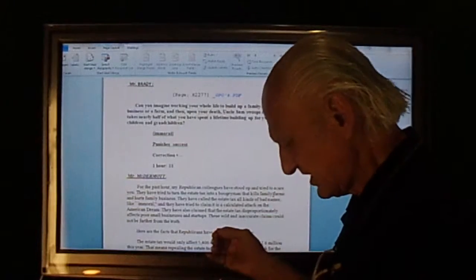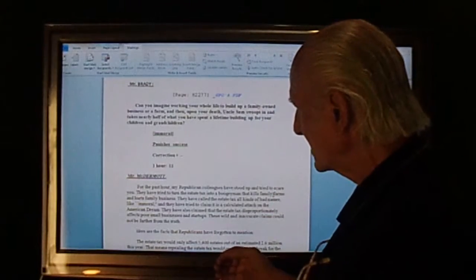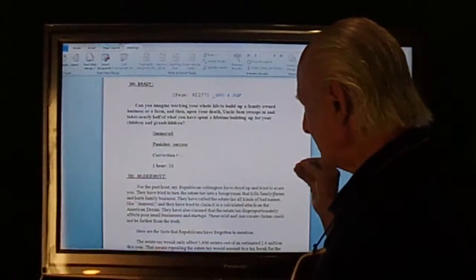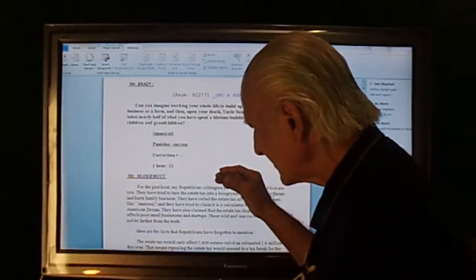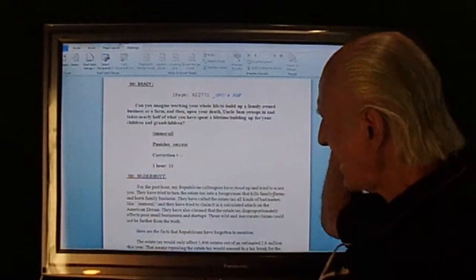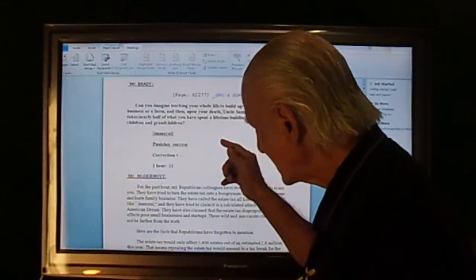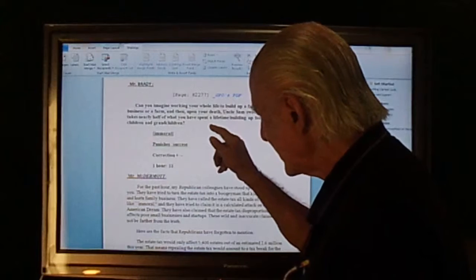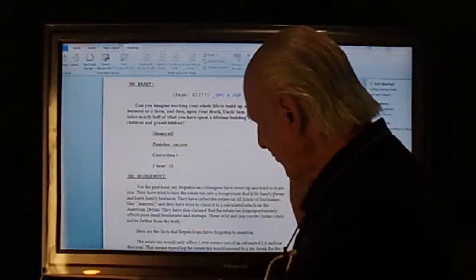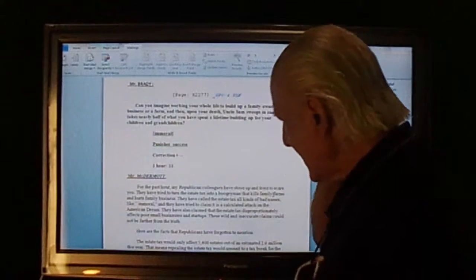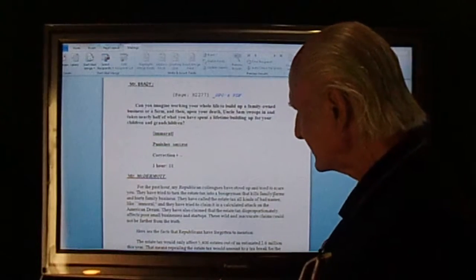Because less than 1% of all family farms and businesses are subject to the estate tax, because most don't have assets that exceed the exemption. And they don't pay nearly half. According to the Tax Policy Center, they pay 4.9%. That's less than 5%.